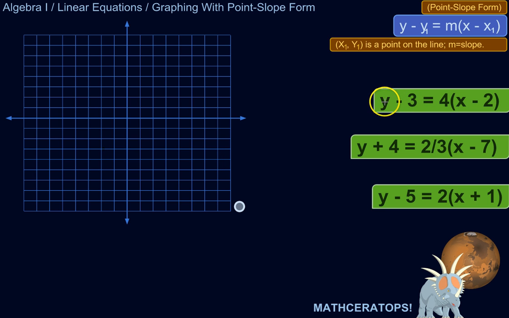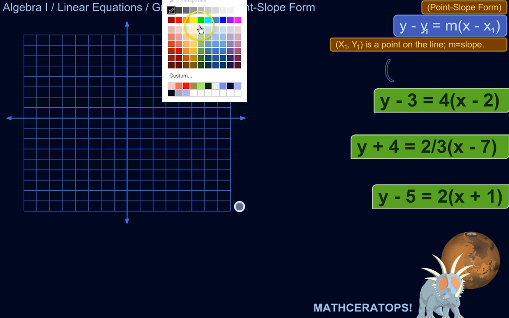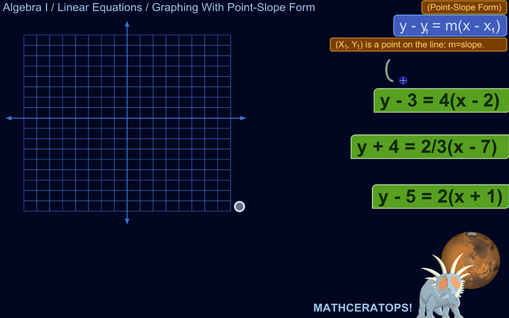So y minus the y coordinate of a point on the line, so 3 is the y coordinate of a point on the line, equals the slope times x minus the x coordinate of the point that's on the line. All right?